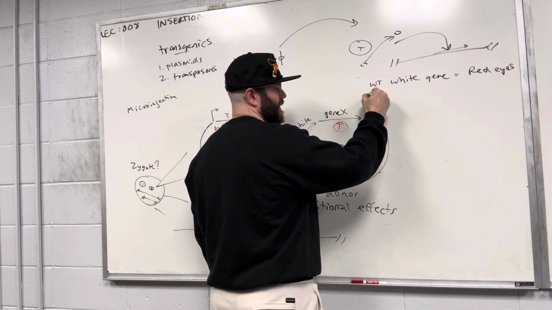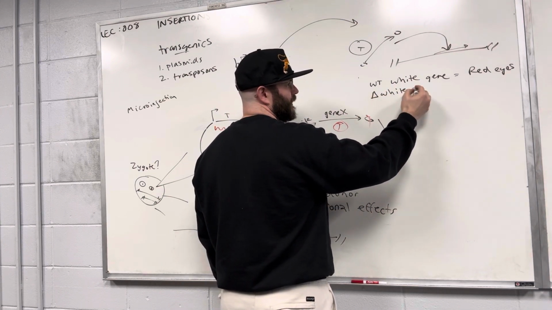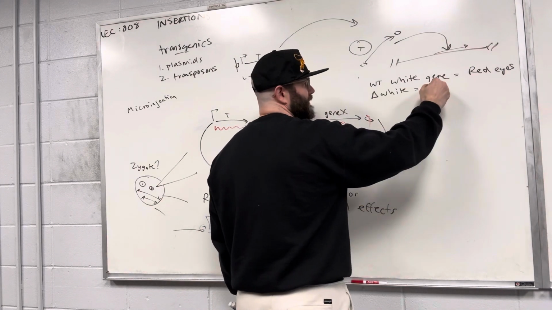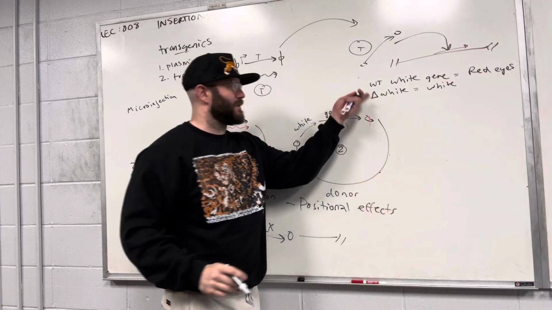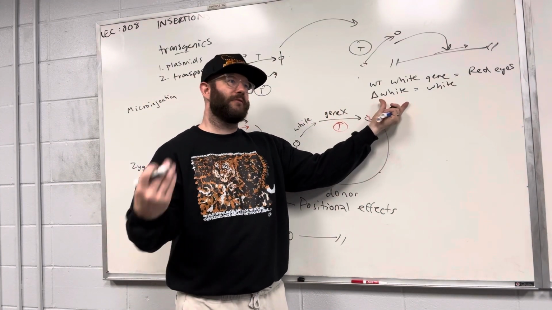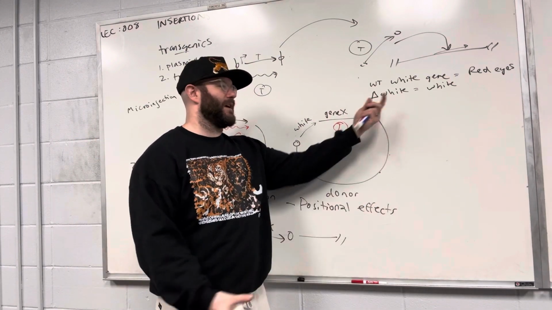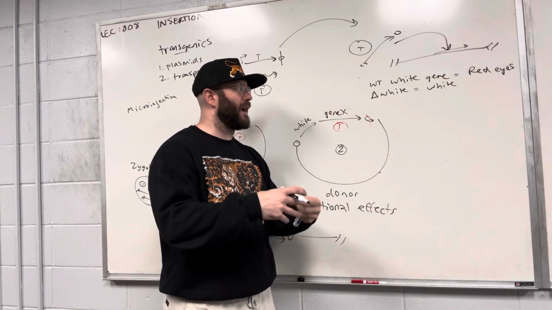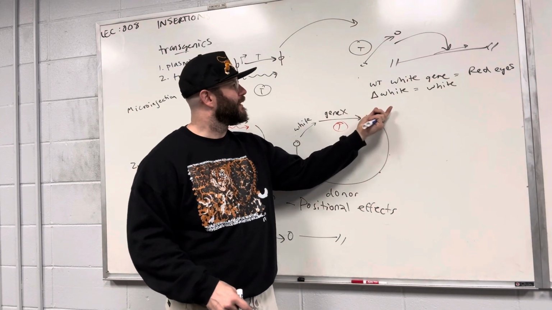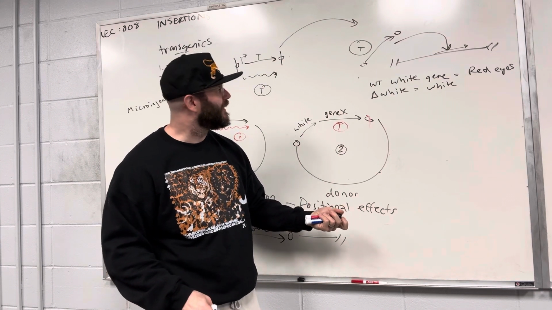And a deletion of white is, guess what color eyes? White eyes. So this is kind of confusing. In Drosophila, the genes are named based off their mutant phenotype. So when they discovered the white gene, they discovered it by a mutation that caused white eyes. So it got named white, okay? So a deletion of the white gene gives you white eyes.